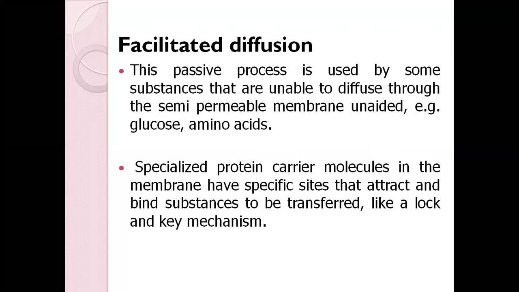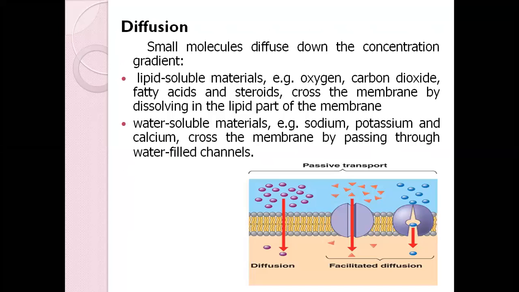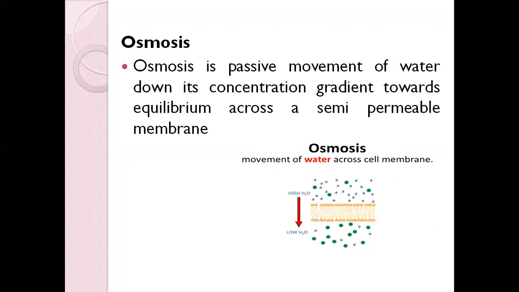Whenever we say diffusion, it is a movement of all molecules. Whenever we say osmosis, it is the movement of liquid substances or water. So the movement of water will occur from the area of higher concentration to the area of lower concentration, as you can see from the diagram. Why is it done? It is mostly to maintain the balance, or homeostasis.